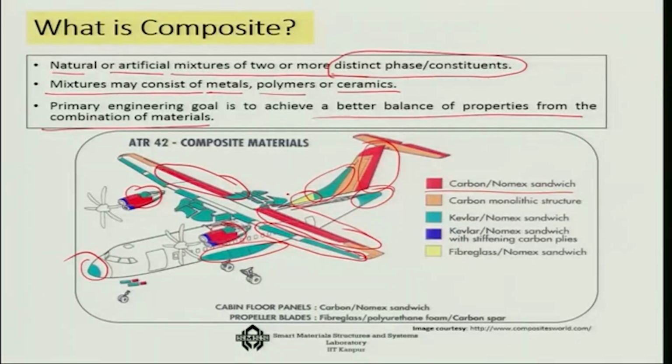Of course that's a low performance one, hence it is not used much, but it is getting increasingly used. So you can see composites used at various places in today's aircraft, as much as 60% of the aircraft structure in some aircraft being replaced by composite materials.